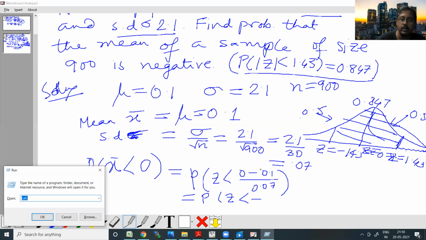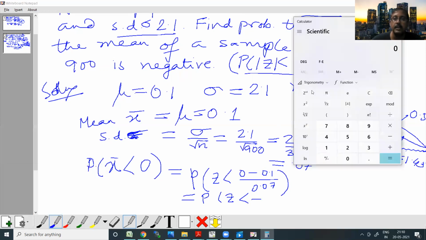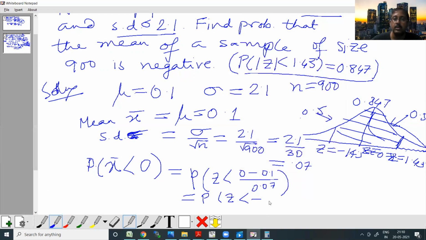What is the value going to be? Let me just divide it. 0.1 divided by 0.07 is equal to 1.43. This is what I have to find out.